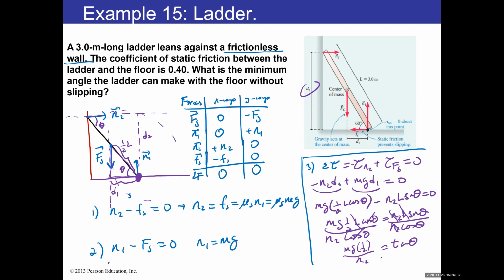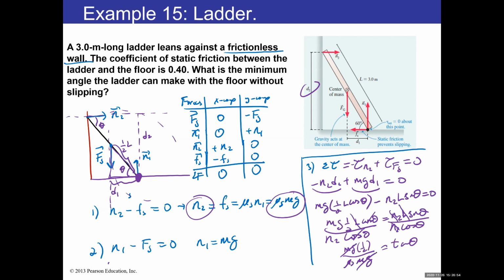Going back and remembering that N2 is mu s mg, I can rewrite N2 as mu s mg, which means that mg and mg cancel out completely.